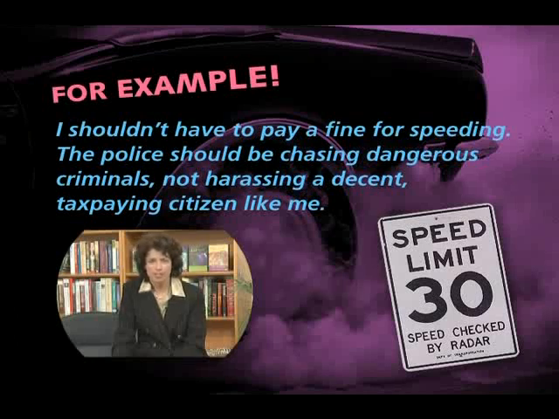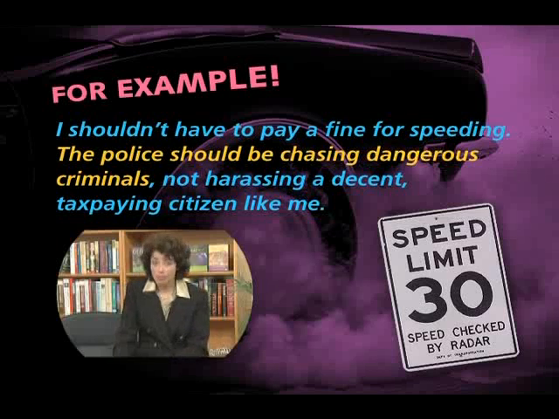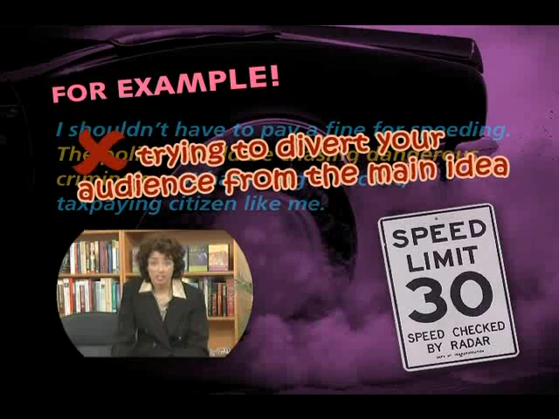The police should be chasing dangerous criminals, not harassing a decent tax-paying citizen like me. Well, your red herring is that the police should be chasing dangerous criminals. That has absolutely nothing to do with the fact that you got a speeding ticket. You got a speeding ticket, you were speeding, you should pay a fine. End of story. But by bringing in the criminals, you're trying to divert your audience from the main idea. That is not an ethical form of reasoning to use in nonfiction.